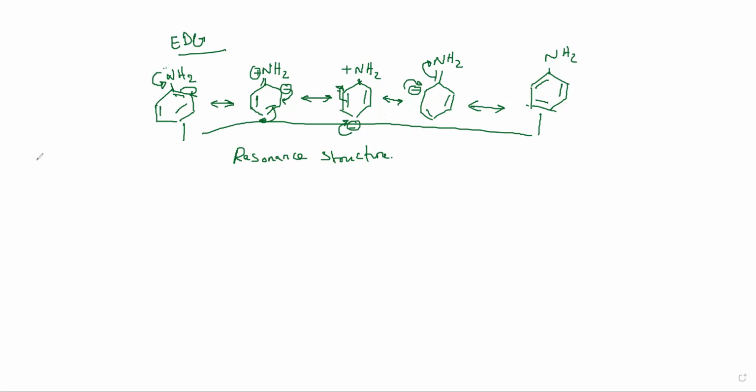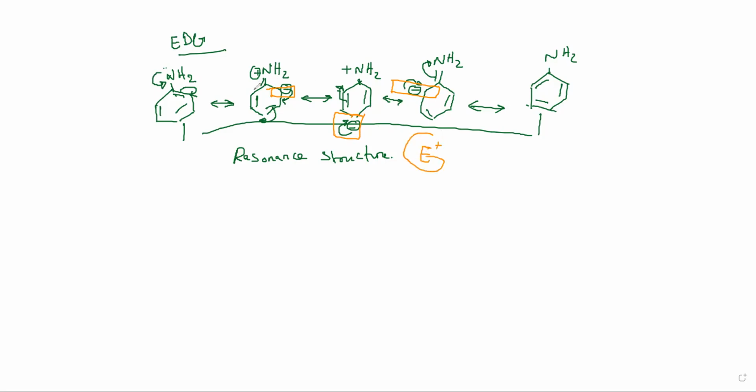What you can notice here is that you have formed extra negative charge, or more electron density if you like, around the ortho position, around the para position, around the ortho position. And this essentially is what causes the electrophile to be attracted to these sites.